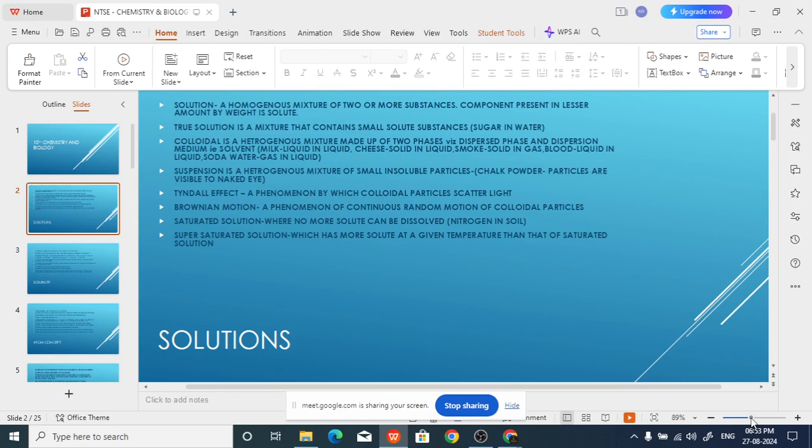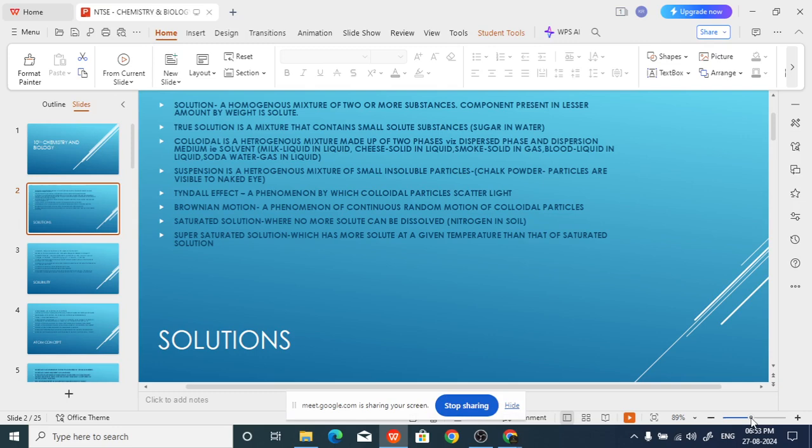Okay. Milk is a liquid in liquid. Cheese is solid in liquid. Smoke, solid in gas. Smoke is a colloidal mixture. Blood, liquid in liquid. That is, in blood you have the blood particles as well as the water.